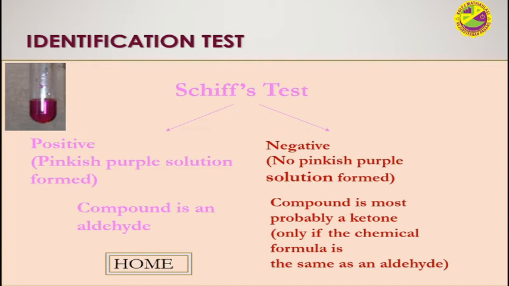This means that the compound is most probably a ketone if the chemical formula is the same as an aldehyde. This test is used to differentiate between an aldehyde and a ketone. For this test, there is no need to know the equation for the test.